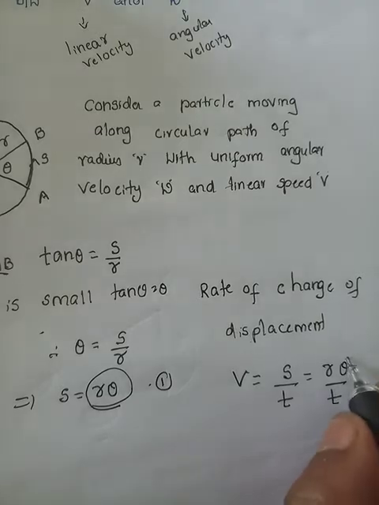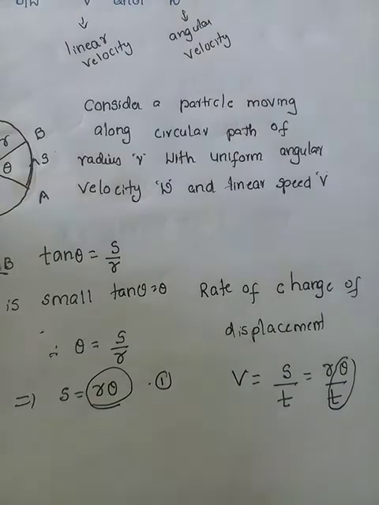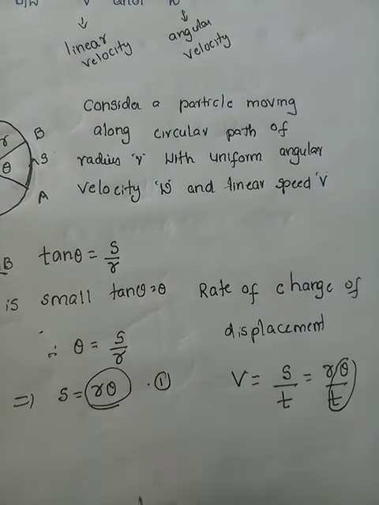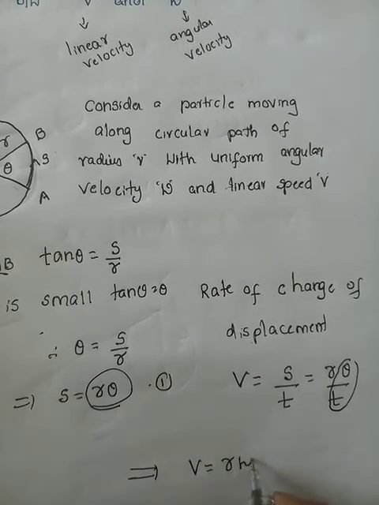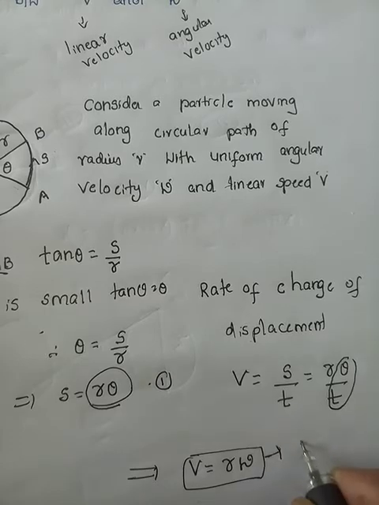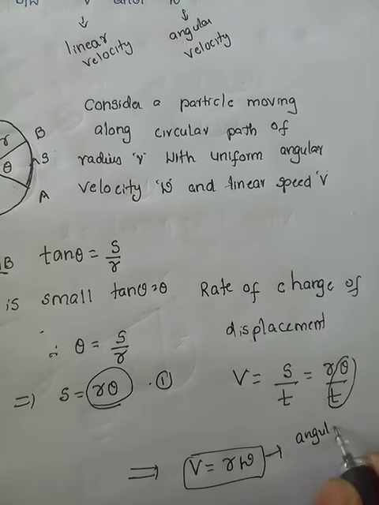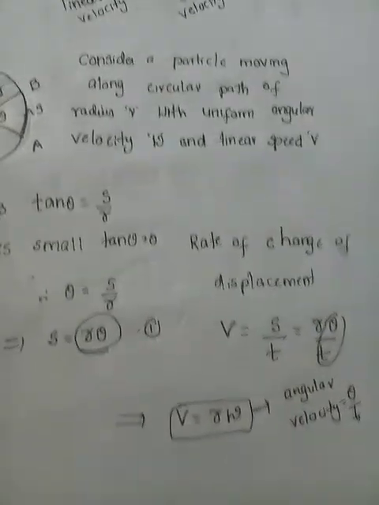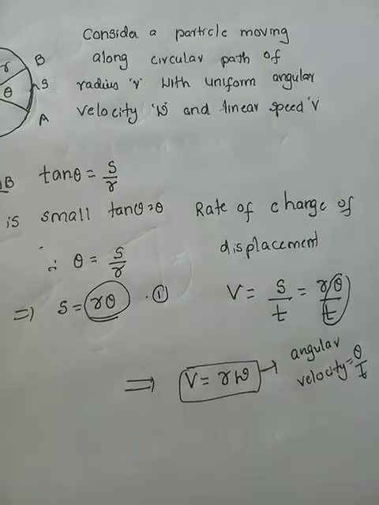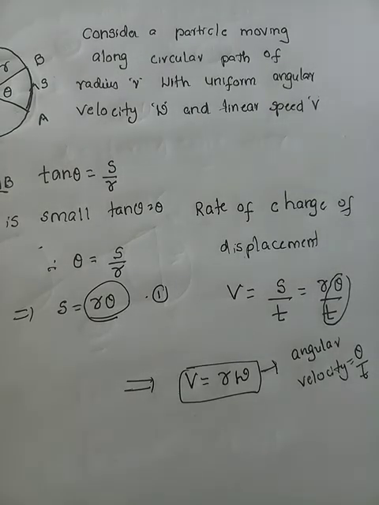Now we learnt the rate of angular displacement is called omega. So, I am writing this as v is equal to r omega, where omega, already we said, is angular velocity, that is the rate of change of angular displacement. So, this is the relation between linear velocity and angular velocity.